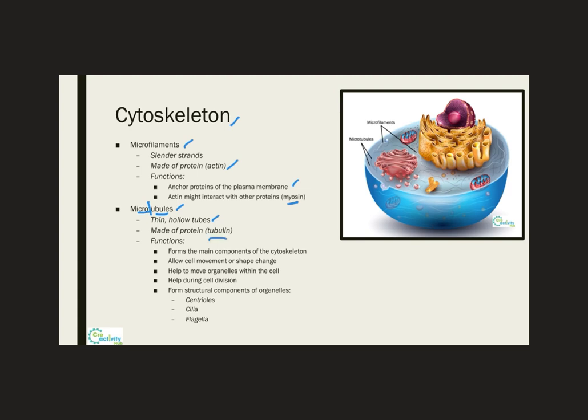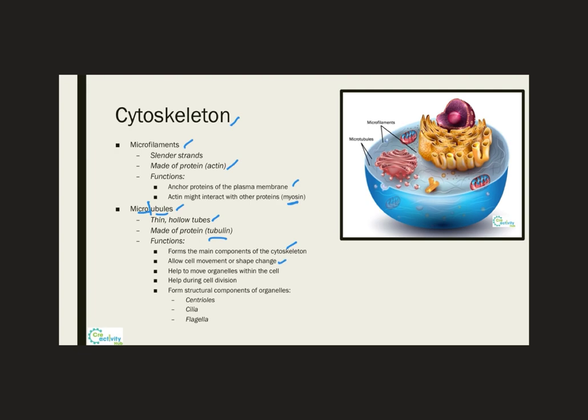With regards to the functions of microtubules, there are several, as they form the main components of the cytoskeleton, giving the cell strength and rigidity and anchoring major organelles. They also allow cells to change shape, and they may help the cell to move.